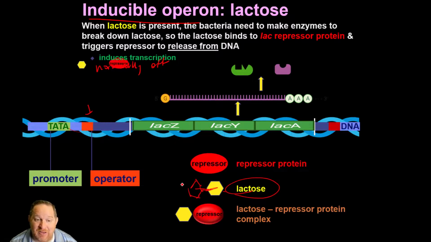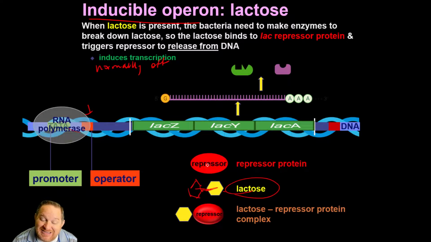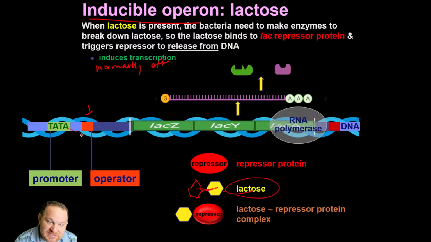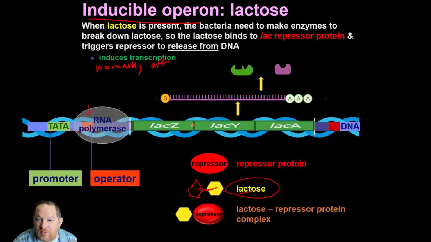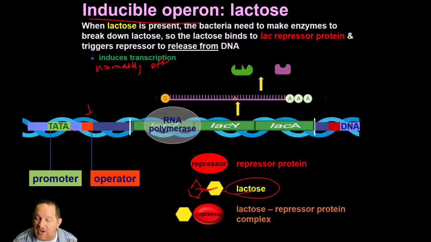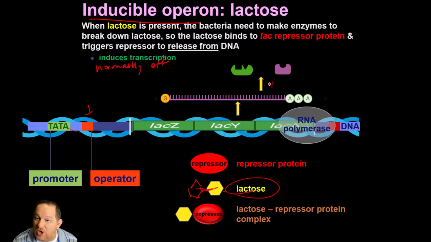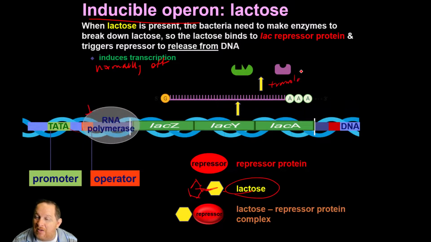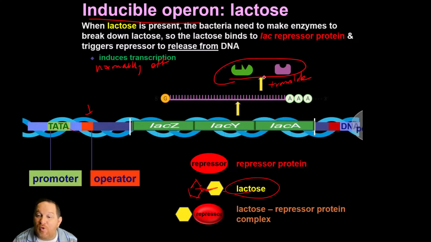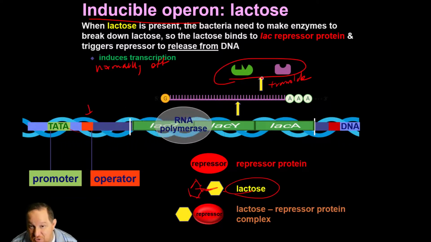Now what can happen? That removes it. So lactose binding to the repressor protein actually removed it so that RNA polymerase can transcribe these genes. What's it transcribing them into? Messenger RNA. That messenger RNA will then go and be translated by a ribosome into the enzymes that will break down lactose.